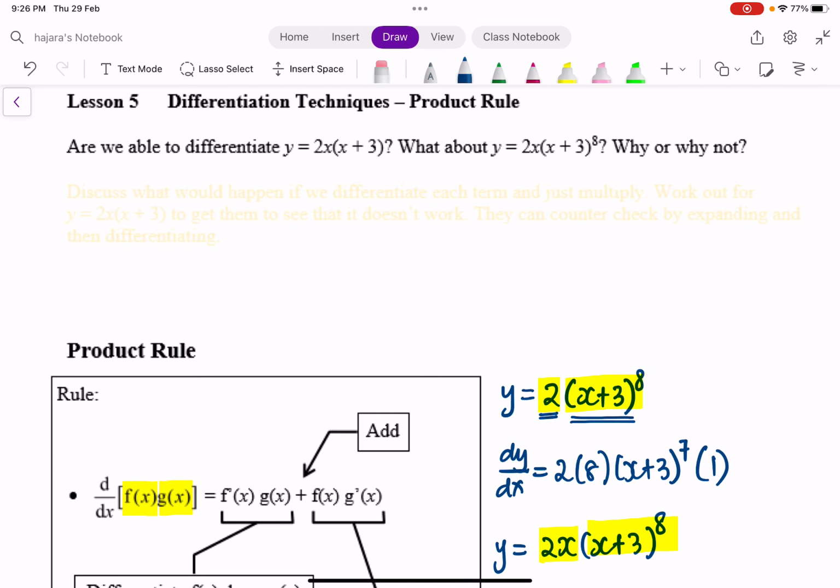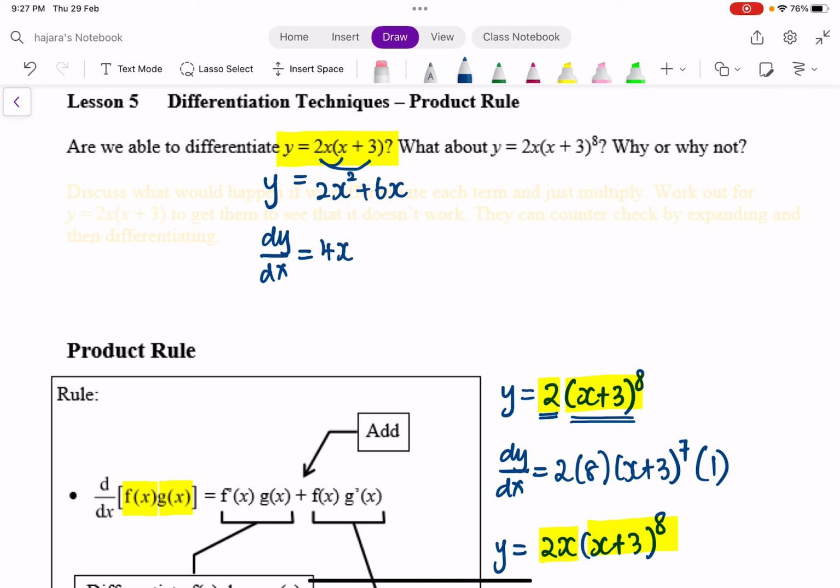Now, let us look at this equation. For this equation, even though it's a product of two functions in x, we are able to differentiate this by expanding this equation. So we will be able to get 2x squared plus 6x. 2x squared plus 6x is now a sum of two terms. So we can differentiate this by differentiating each term individually.